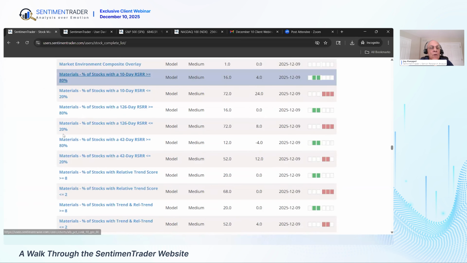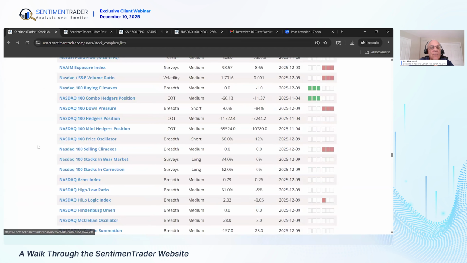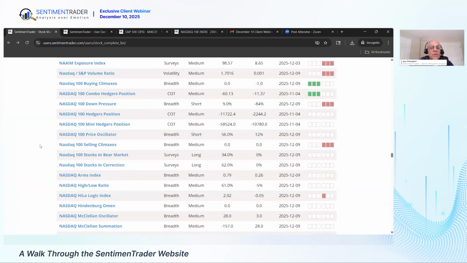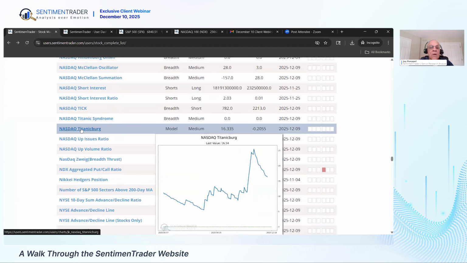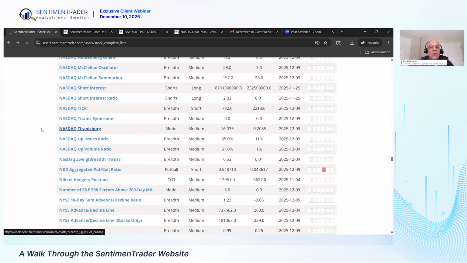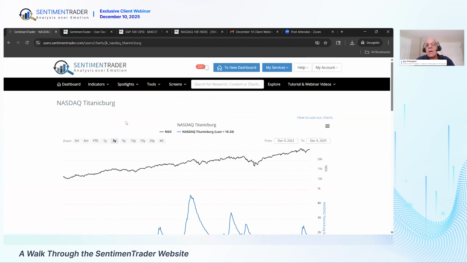Okay. Once again, if we're looking for indicators to warn us of potential trouble, I think I might have discussed this one in a recent webinar: NASDAQ Titanicburg. If you follow the news, a couple of weeks ago there were a lot of Hindenburg omens, and everybody was talking about the Hindenburg omen and the implication.